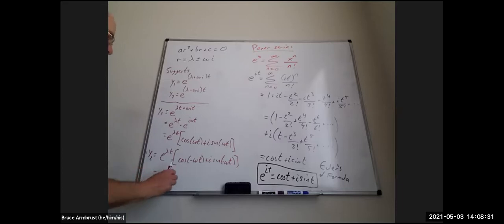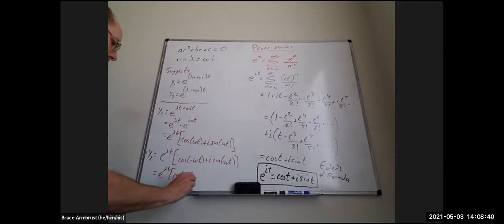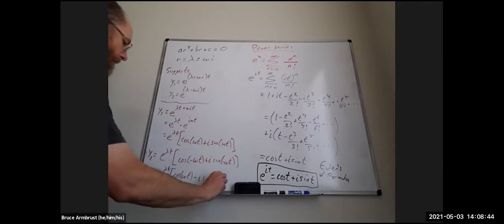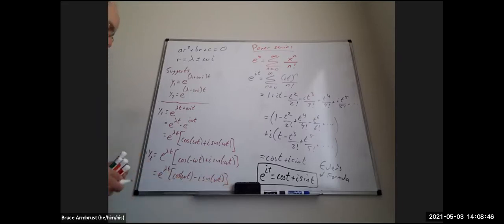But we know what happens with minus signs in trig functions. In cosine, it just goes away. And on sine, we can pull it out front. So it looks like that. So again, the only difference in these two is the plus or minus sign on the i.